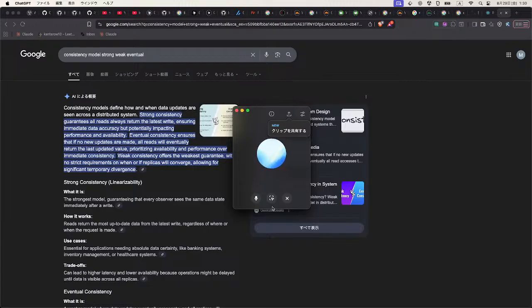So if you choose a CP system, you choose consistency rather than availability. To avoid inconsistency, the system has to block all write operations to node 1 and node 2.